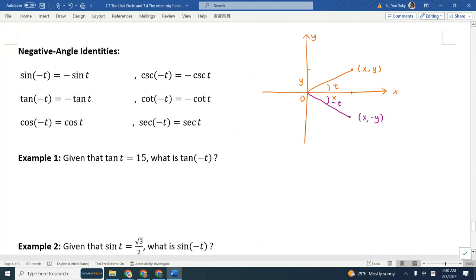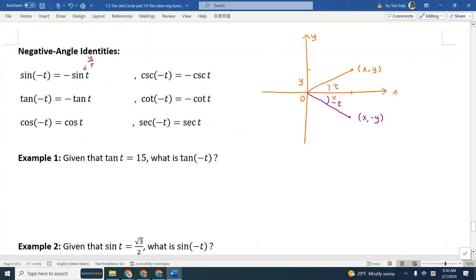Okay. Now, sine. Sine is what? X, y, r, what over what? Sine is y over r. Okay? But for the sine of negative t, your y is negative.